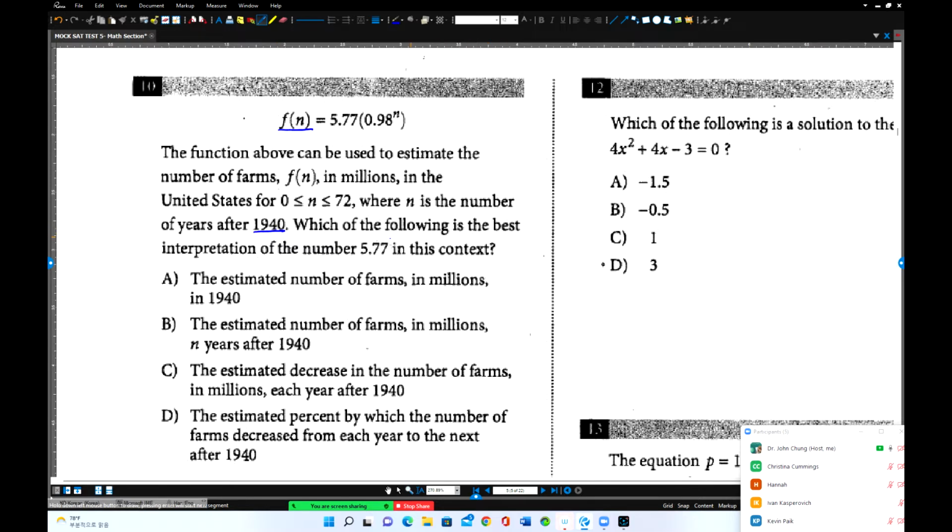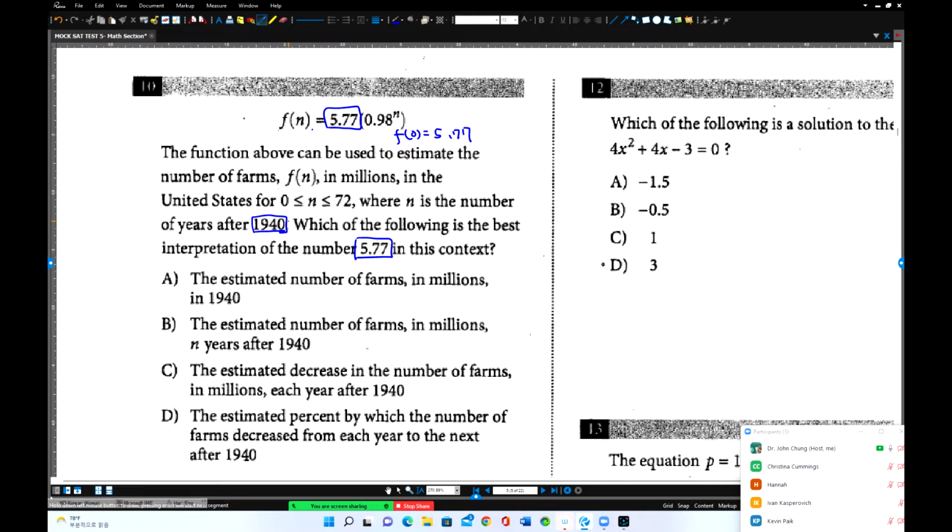And what is the best interpretation of the number 5.77? That is the initial value when n equals 0. When n equals 0, f of 0 equals 5.77, right? So what is that? The number of pumps in the year 1940.